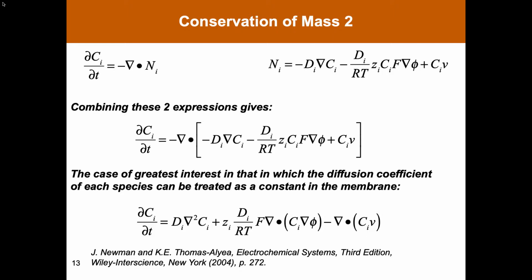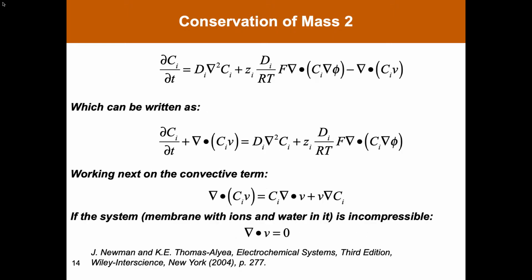We can combine the mass balance expression with our expression for flux to get a revised version of the mass balance equation shown in the middle of this equation. If the diffusion coefficients are constant, we can go ahead and work some of the calculus out as shown here, and I'll do just a little more algebra on that to beat it into the final form that we need for analysis.